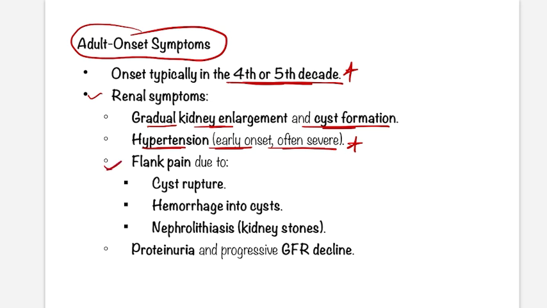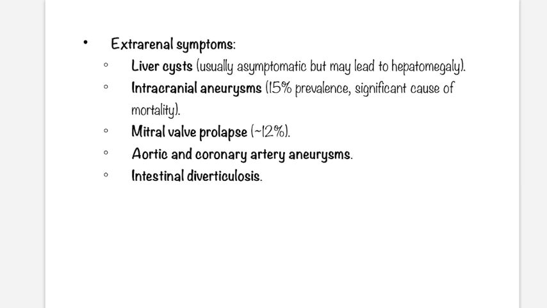Flank pain may occur. Some patients may present with flank pain as a first symptom. This is due to cyst rupture, hemorrhage into a cyst, and nephrolithiasis. Proteinuria and progressive GFR decline are also seen. Extrarenal symptoms like liver cysts may give rise to hepatomegaly, and intracranial aneurysm.